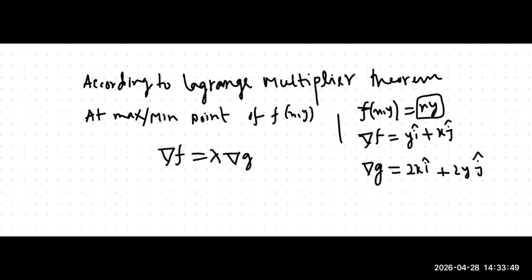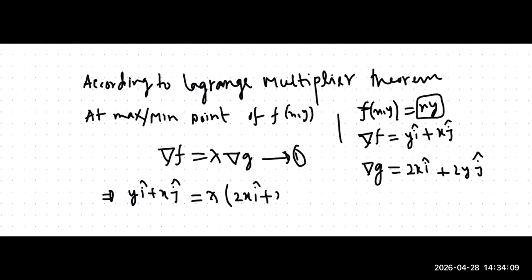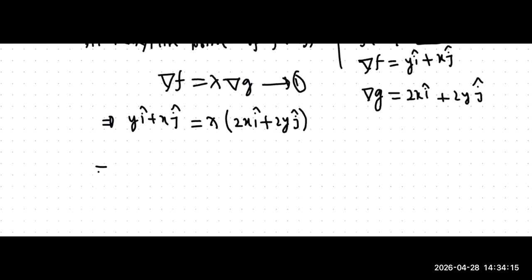So just put these two quantities in this equation. So gradient of f, which is y times i plus x times j, equal to lambda times gradient of g, twice x i plus twice y j.